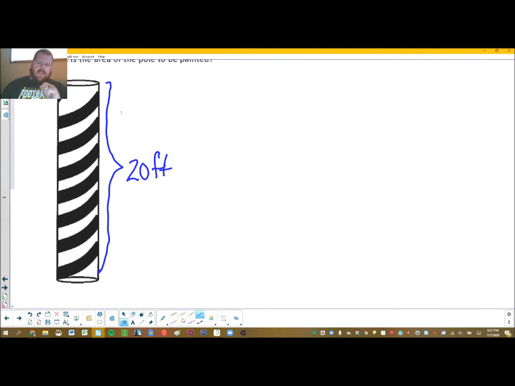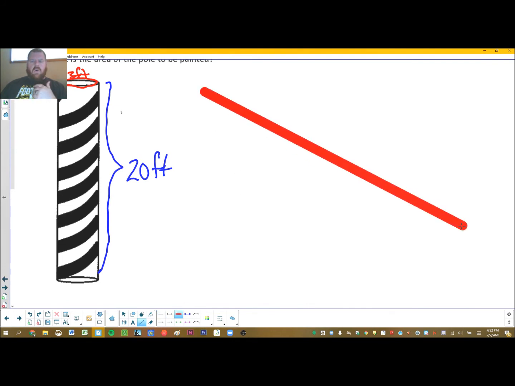So I have 20 feet here, and I know that I have a 3-foot circumference. So we have to decide what's going into, let me actually make it a red stripe. What's factoring into this red stripe, because it has a vertical component as well as a horizontal component.